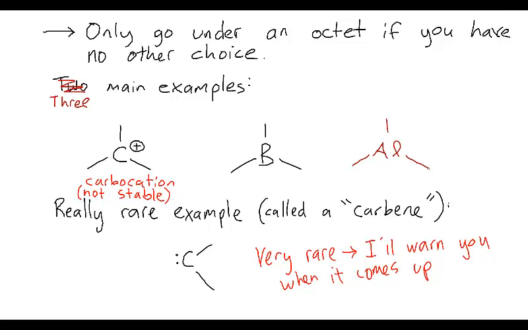And I want you to get to the point where if you draw a structure that breaks the octet rule, it kind of hurts a little, like there's a little alarm bell that goes off when you see it, so that you will become physically unable to draw structures that go over an octet.